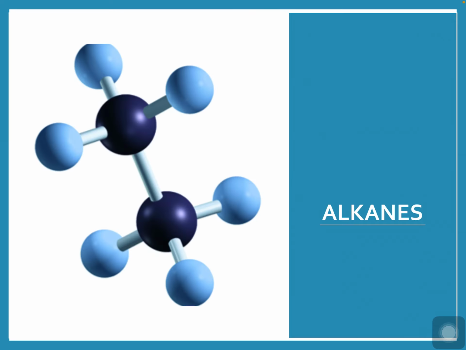So the backbone or the main chain of an organic compound is composed of carbon atoms. And as we look at alkanes, we are only going to look right now at the carbon backbone and the hydrogen atoms that are attached to that.